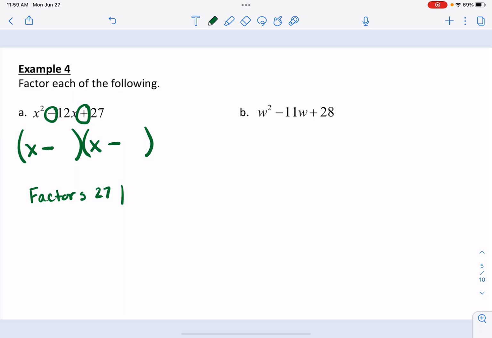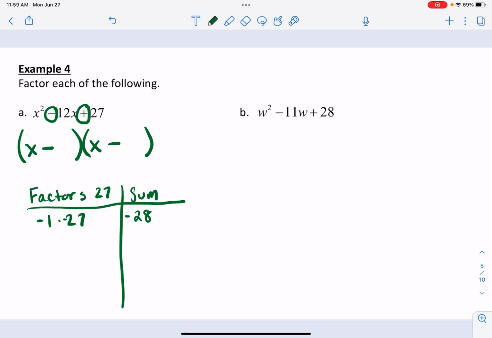Factors of 27. And then I need to look for their sum. Okay, 1 times 27. That's 28, or technically -1, -27, -28. -2 doesn't go in. -3 times -9. Well, that's -12. So I have x minus 3, x minus 9.